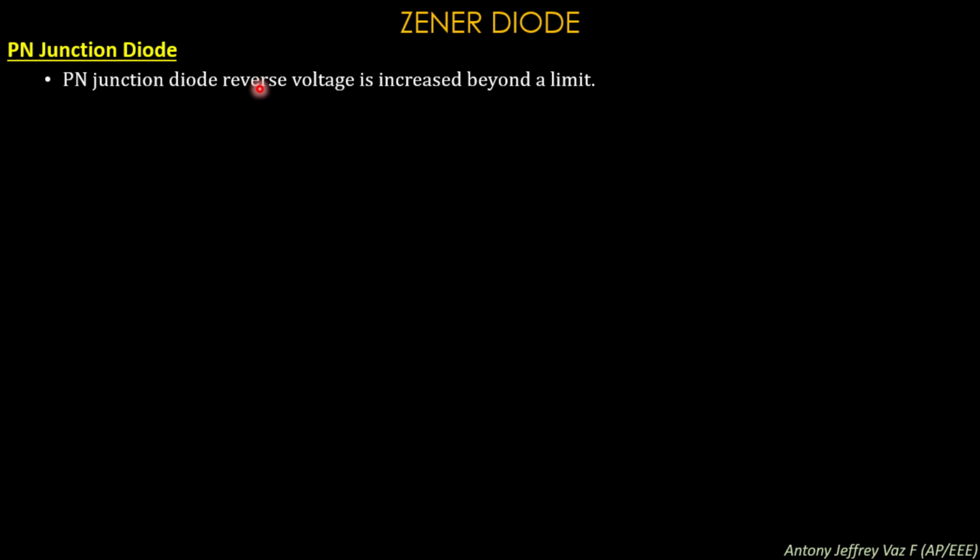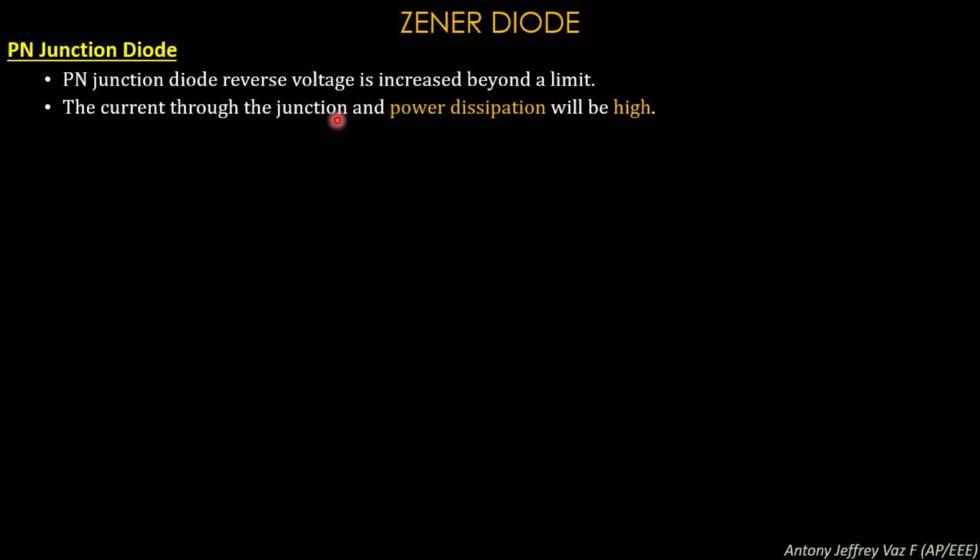In a PN junction diode, the reverse voltage is increased beyond a limit. Now let us consider the diode is in reverse biased condition. In such condition, the voltage is being reversed. At that time, the current through the junction and the power dissipation across the PN junction diode is very high.